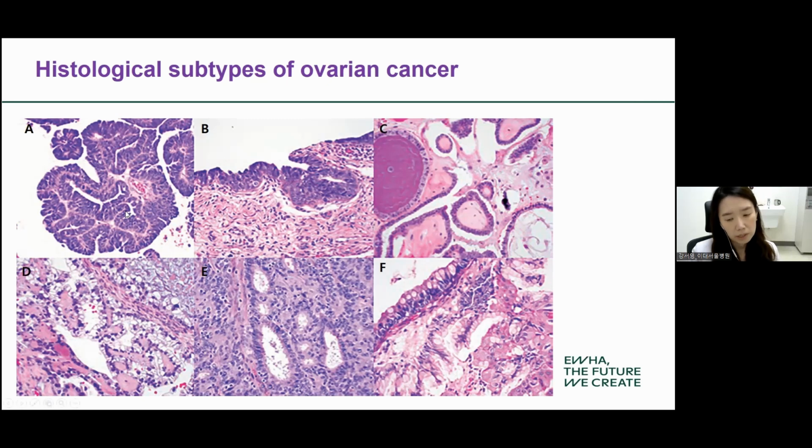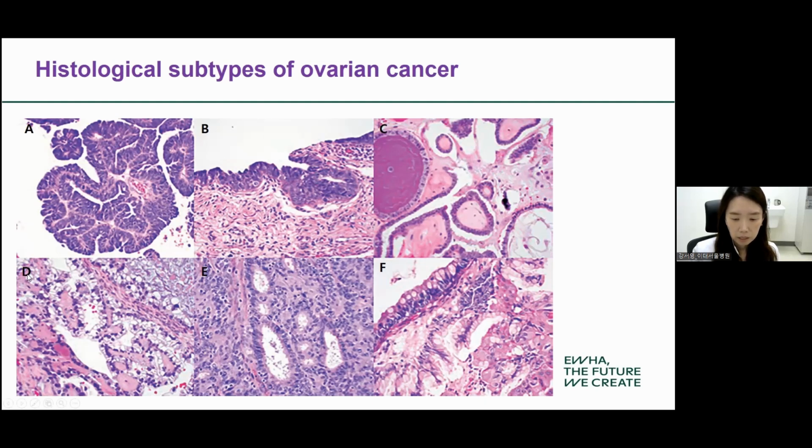It is characterized by severe nuclear atypia, a high nuclear to cytoplasm ratio, and abundant mitosis. Figure B is serous tubal intraepithelial carcinoma. And figure C is low-grade serous carcinoma. Serous carcinoma has papillary architecture and mild nuclear atypia.